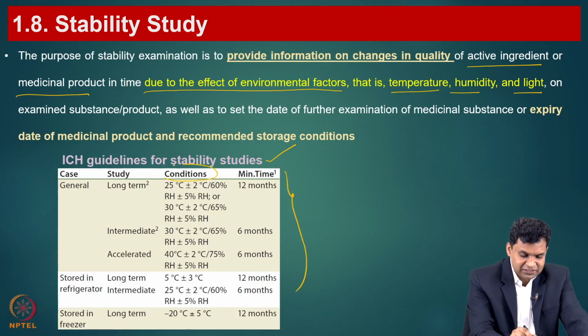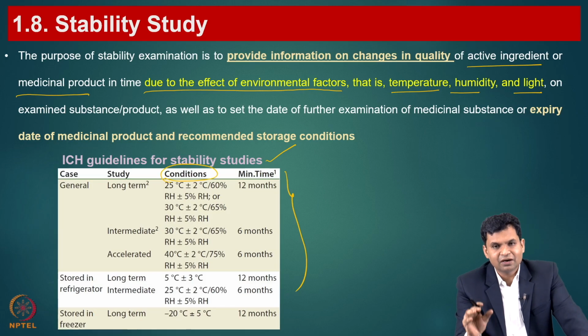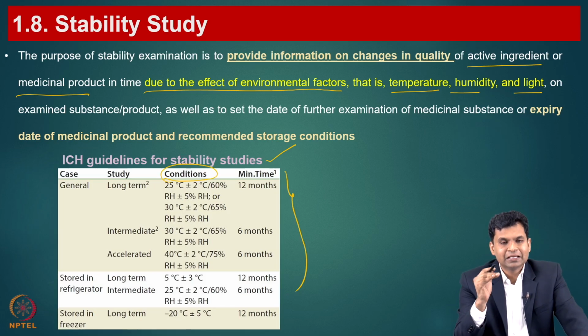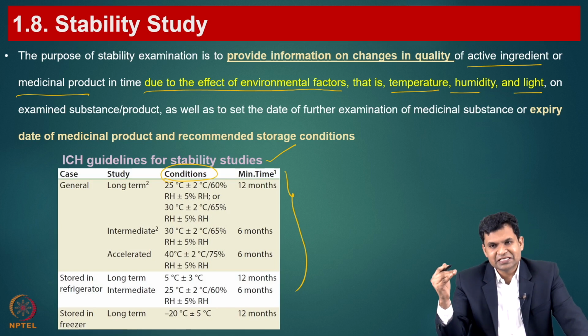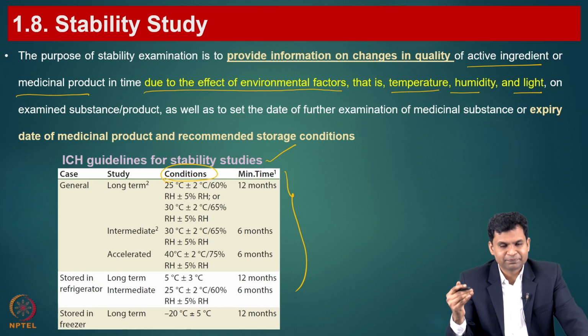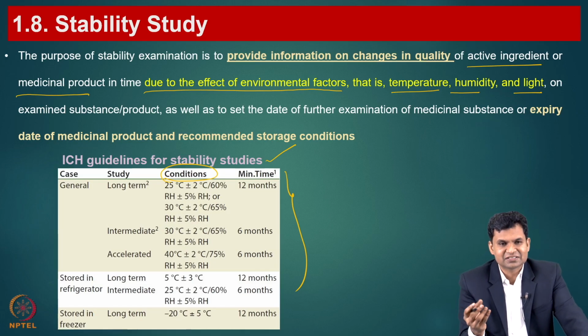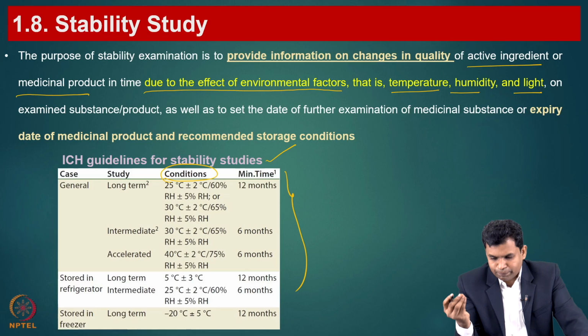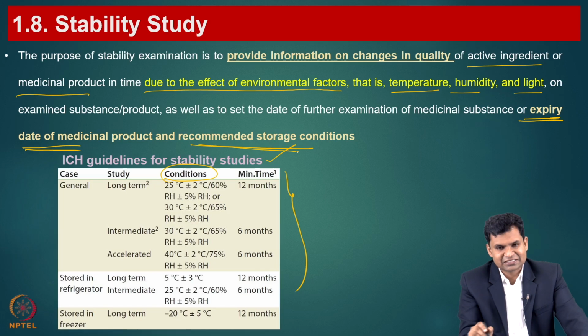At these conditions we will see whether our formulation is stable or not. By providing these environmental factors like temperature as well as humidity and in some cases light, we understand the storage conditions, and we can also predict the expiry date of our products at different storage conditions.